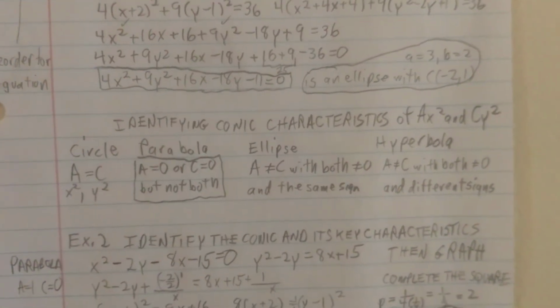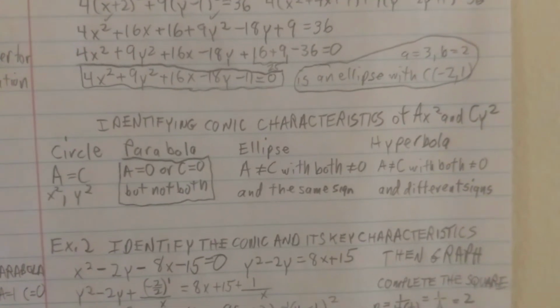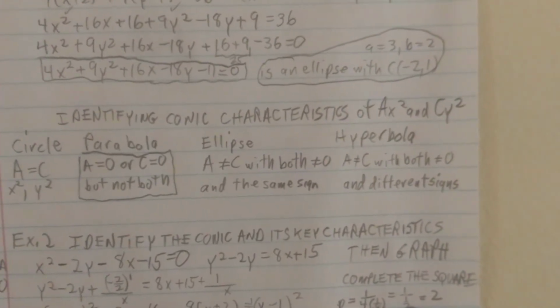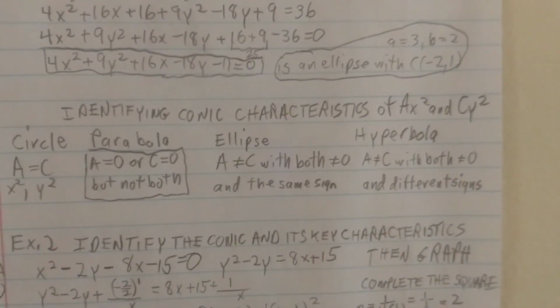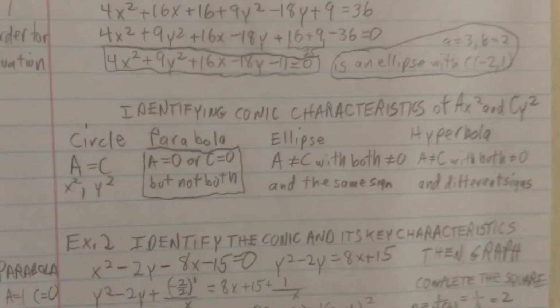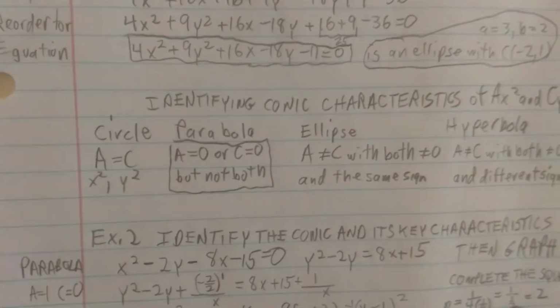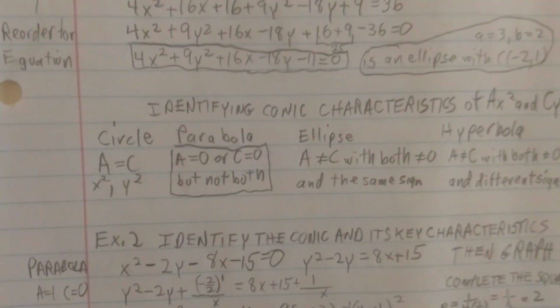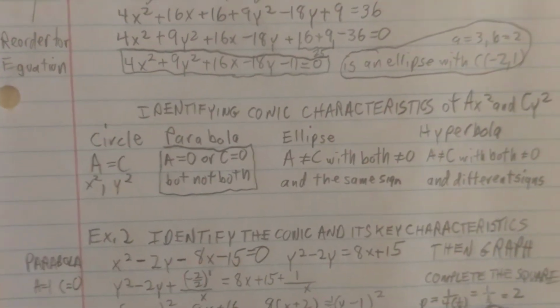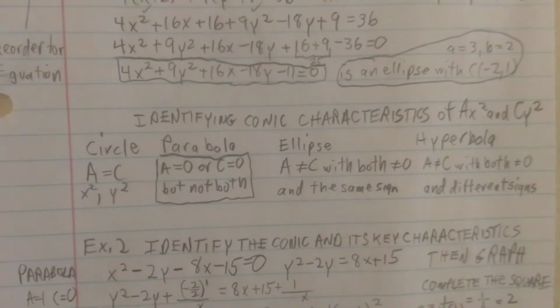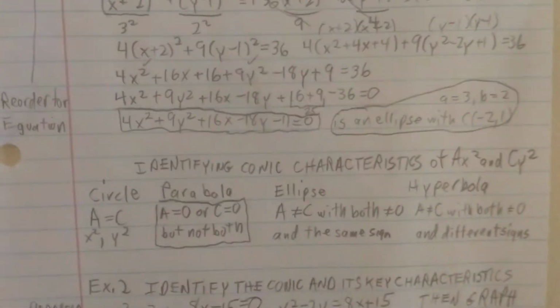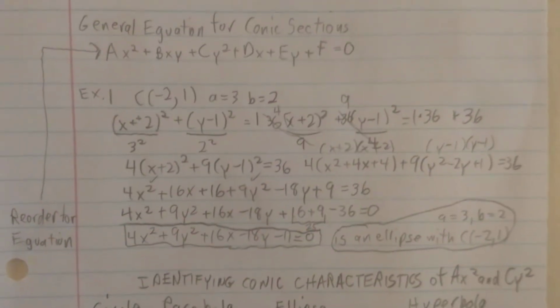And now we can put it into the final form, and this is what an ellipse with center -2, 1, and major axis 3, minor axis 2, looks like in general equation form: 4x squared plus 9y squared plus 16x minus 18y minus 11. Notice we didn't use the xy term in the general equation, the bxy.